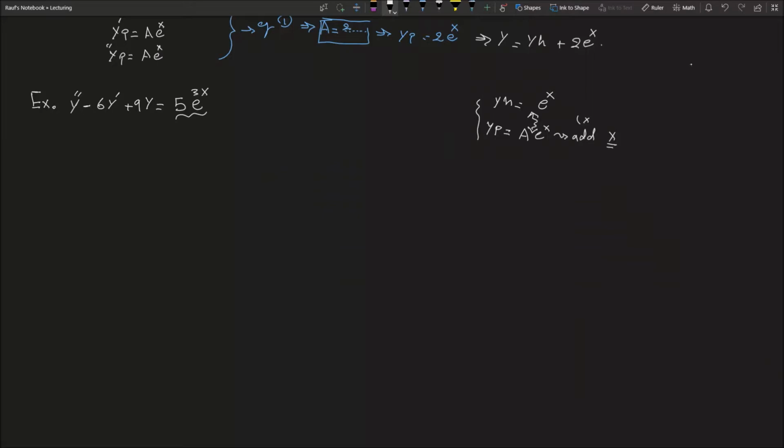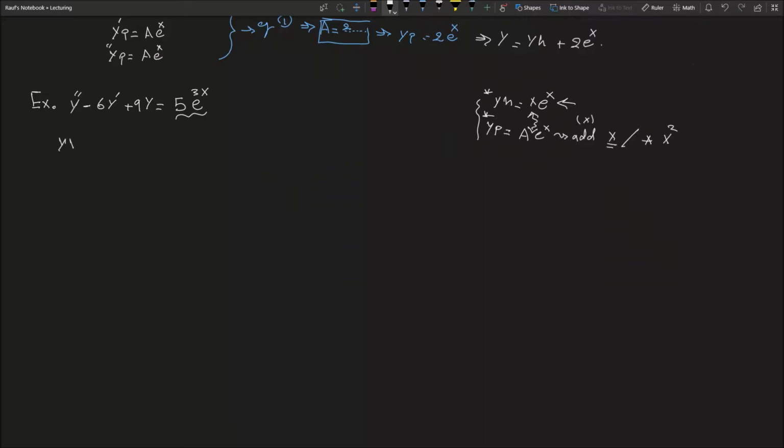So you multiply by x, and if the homogeneous solution has an x, then you would multiply by x squared, so that you will differentiate between the y homogeneous and y particular. At the same time, you will still have the same final answer that will solve the equation.